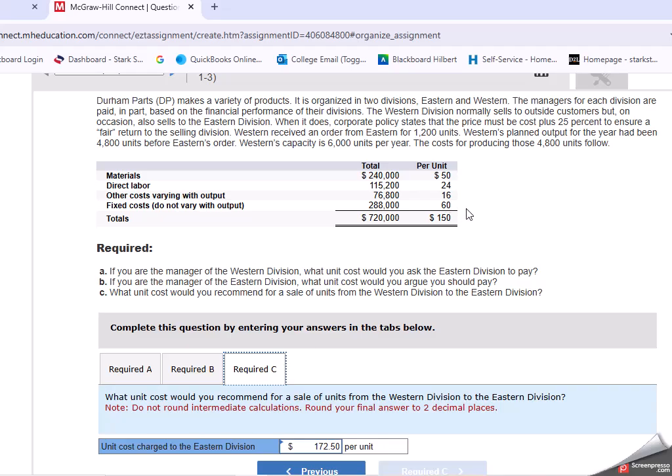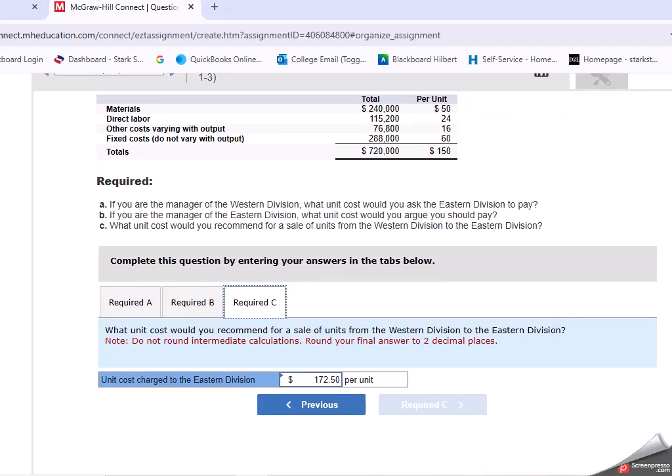It would be $48. So if we take that $48 plus the 50 materials, 24 labor, and 16 variable costs, we would have a cost of $138. Now multiply that by the 1.25, and that gives us $172.50. So that's the fairest way, where everybody shares a little bit in those fixed costs.